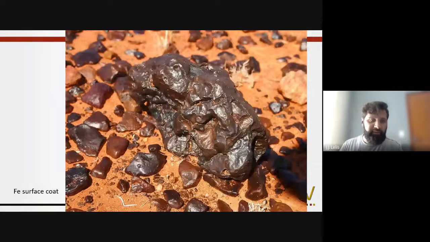And here I can see a surface that's coated by iron. So it's an iron surface coat. It's very, very common in semi-arid and arid areas, like a desert. I can see a lot of them in areas that are very, very dry.